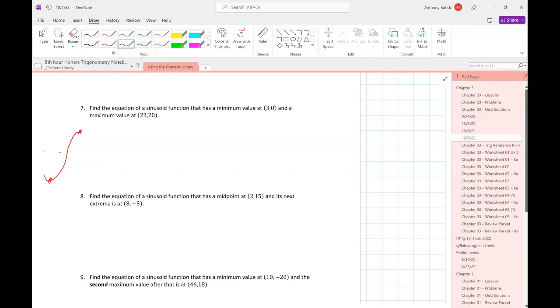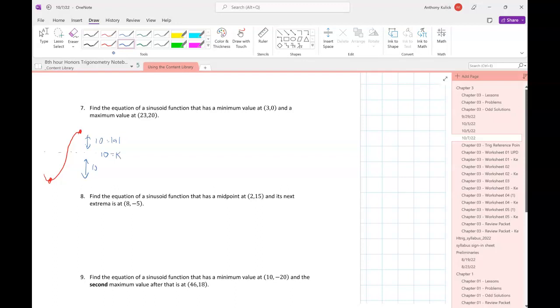The midway there, between 20 and 0, has got to be 10, right? So that tells me the absolute value of A and my value for K, right?